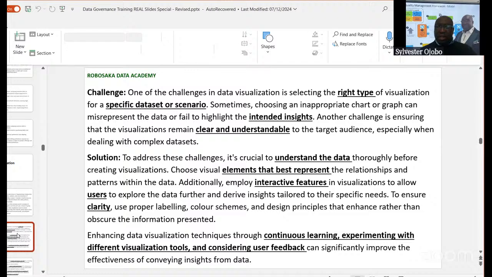One of the challenges in data visualization is selecting the right type. Please take note of this. Very important. Okay, the right type of visualization for a specific data set or scenario. If you have a company and you have a lot of people complaining of different things, and then you need to have a database of all the complaints.